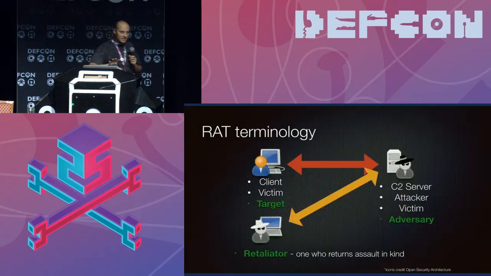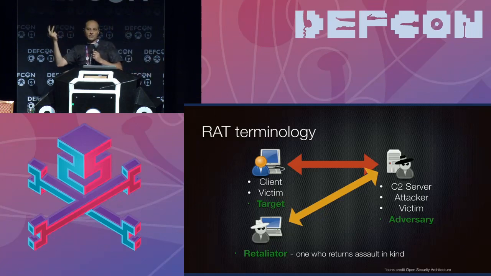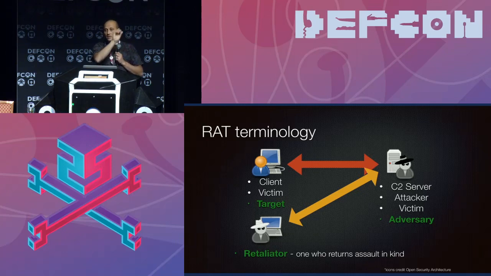Before I get into some things, I want to make sure we've got terminology clear. In some circles, I've seen the client and server names for RATs reversed, and that really bothers me. So the person who has the implant or the malware running, I'm going to call the target. I'm going to try to avoid victim and client, just because that gets some people confused.